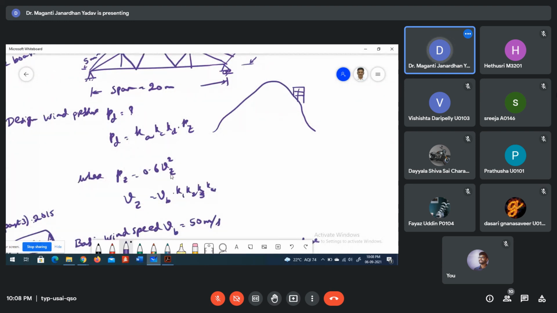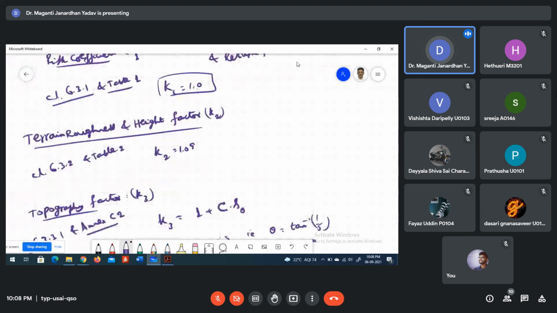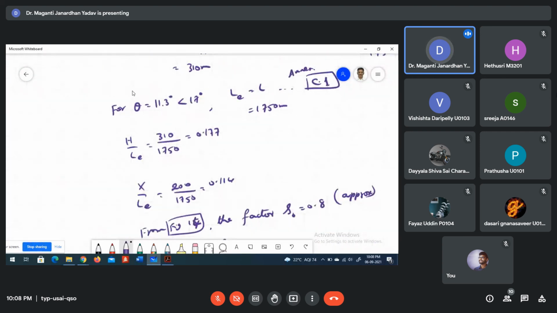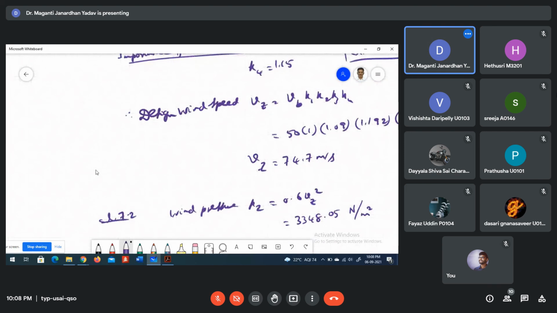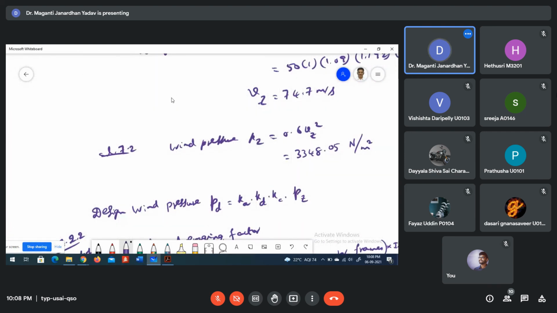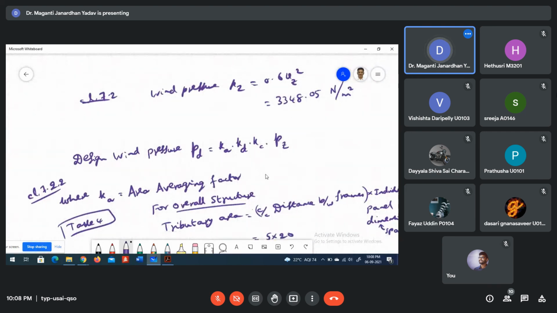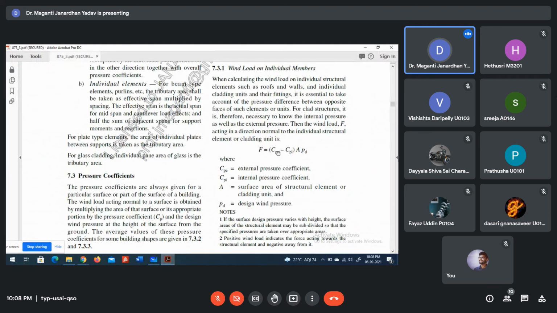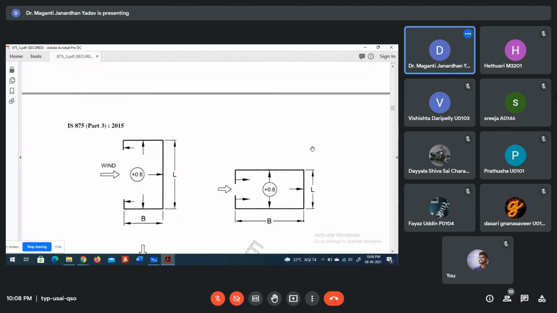All these three. Then we should understand those terminologies. Then we have to find out the various factors depending on the slope. Then we can find out the VZ, PZ and PD value. This is what is to be found out. To find out the force in the members, CPE minus CPI into A into PD.